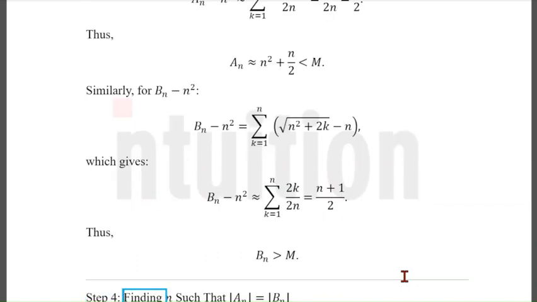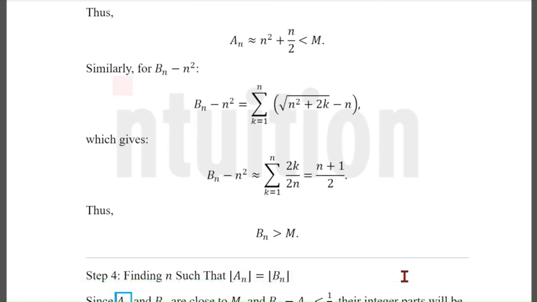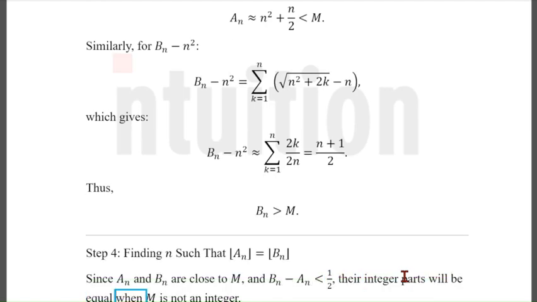Step 4. Finding n such that ⌊A_n⌋ equals ⌊B_n⌋. Since A_n and B_n are close to M, and B_n minus A_n is less than 1/2, their integer parts will be equal when M is not an integer.